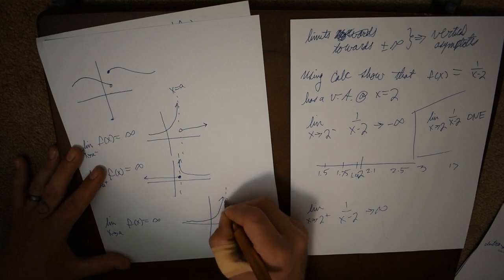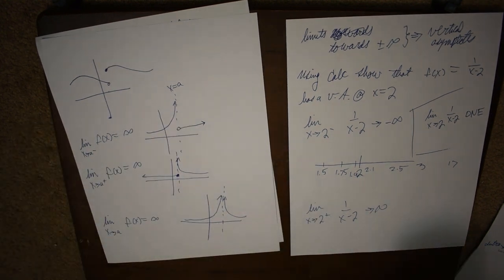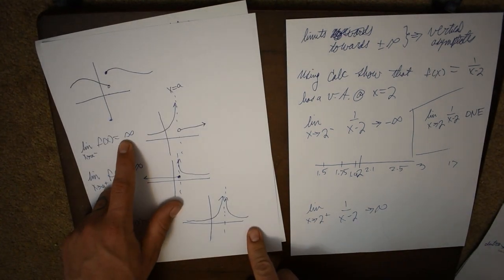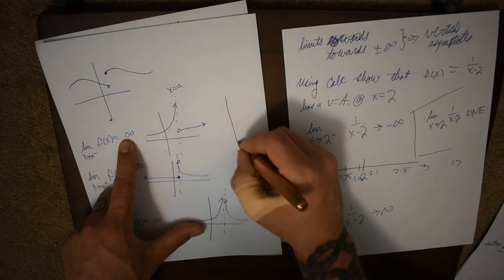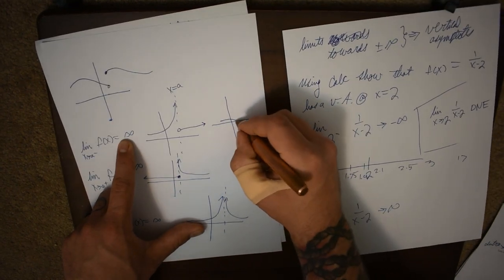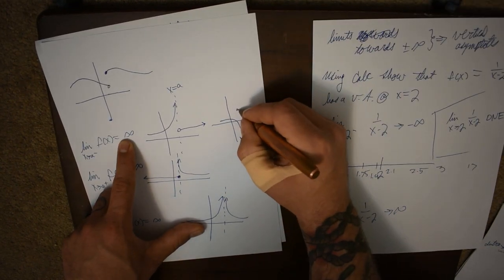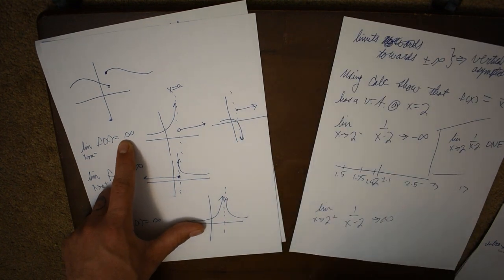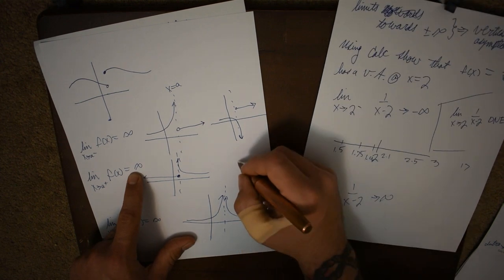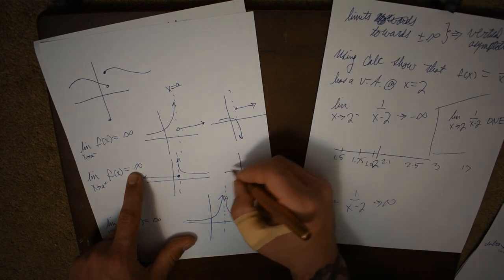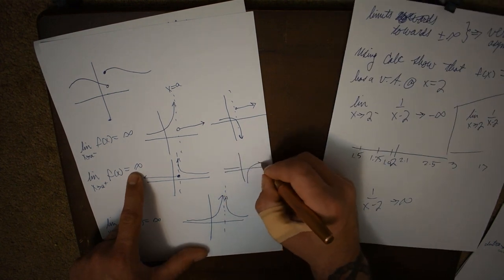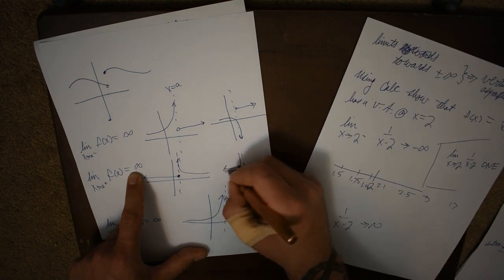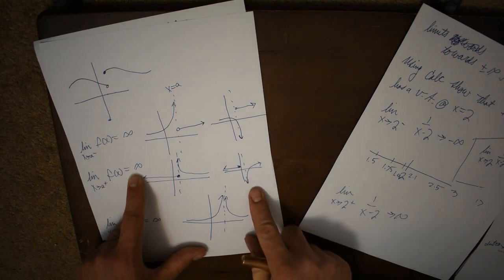Now I believe I said that we had 6 things to worry about. Well, our 6 things arise from if I put a minus sign out in front over here, we would have a function that looks like that. And we would still get our vertical asymptote. If I put a minus sign here, we would get a function that looks like that. Now we're just going towards negative infinity.